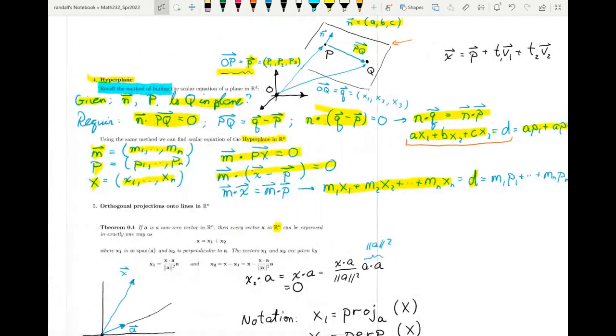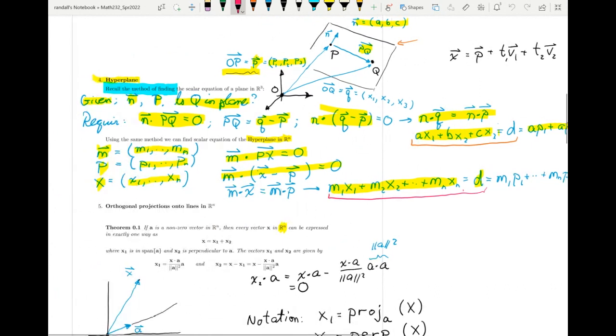So once again, I get a very similar formula for the scalar equation of a hyperplane. So it's a single linear equation in n variables, similar to how the scalar equation for a plane was a single linear equation in 3 dimensions. So whenever you have a point in Rn that satisfies this equation, then it is in that hyperplane.